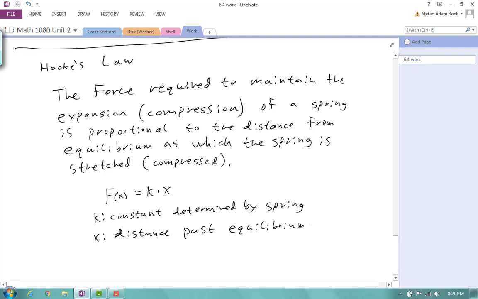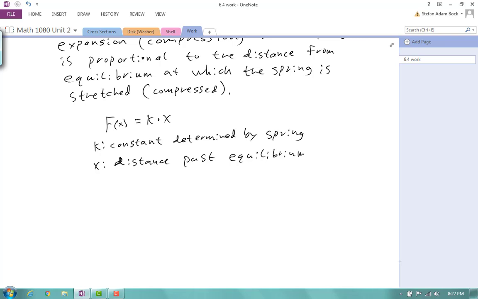Now, I'm going to talk about things in terms of stretching only. So stretching will be a positive action for me, and compression will be a negative action for me. So if I move the spring in a positive direction, that'll be stretching, and if I move the spring in a negative direction, that will be compression. Now, this slicing works a little bit different than it would for the lifting problems.